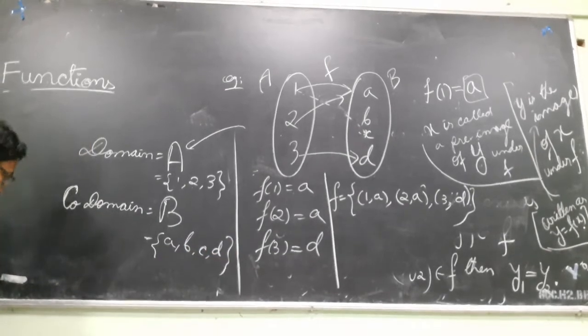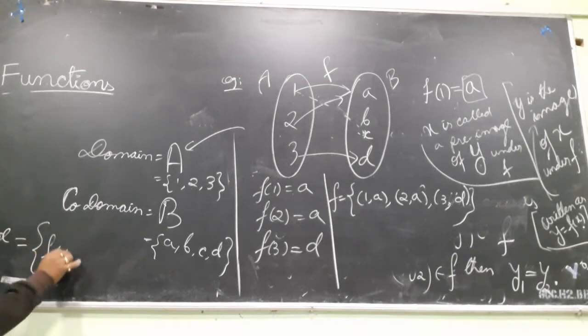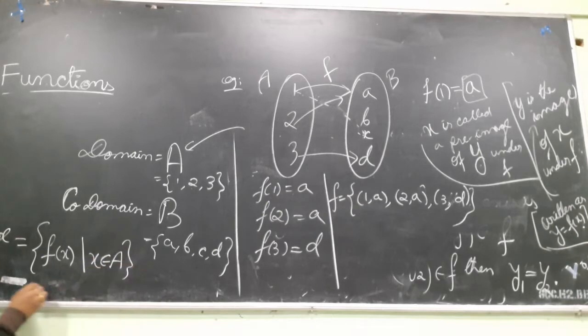And what is the range of this function? The range of this function is the collection of all f of x such that x is in A. So what is the range? You have to collect all the images.